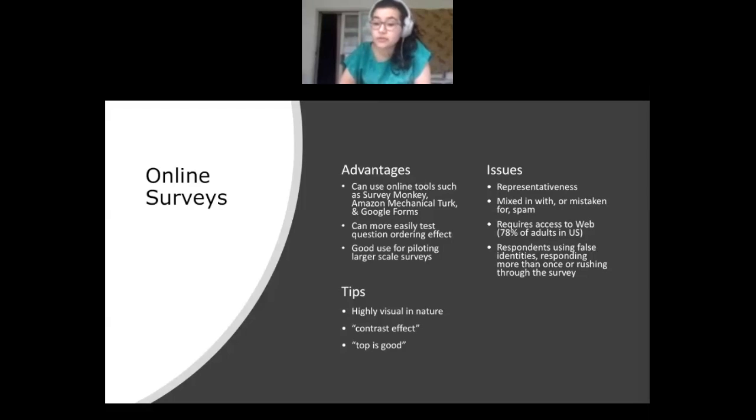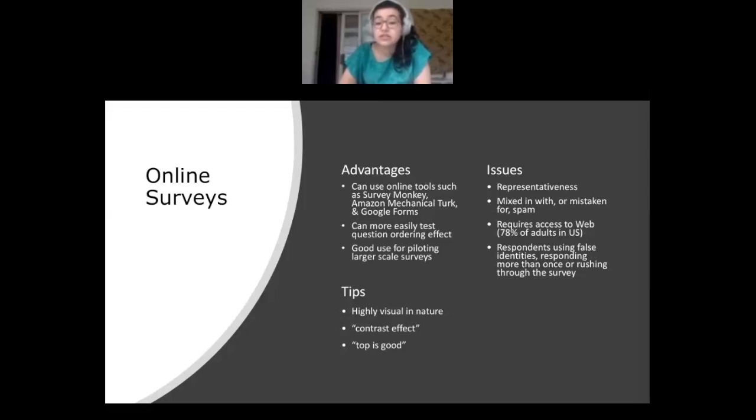And there's Google Forms, like I used for my survey of you guys, that helps people manage the data they get. In Google Forms, you can often get an Excel document that you can then use to analyze in statistical software. You can more easily test question ordering effects, so you can scramble the questions.